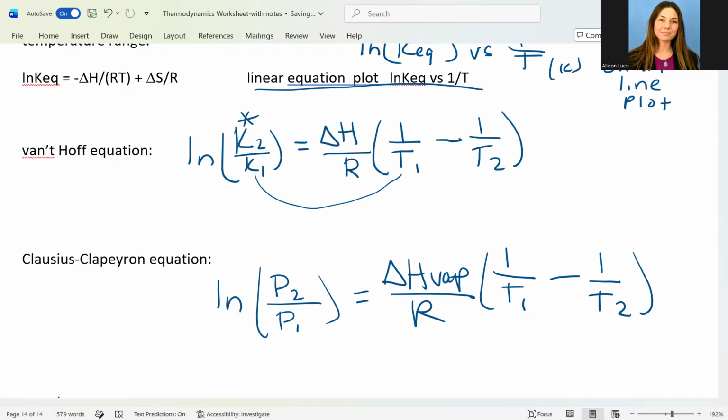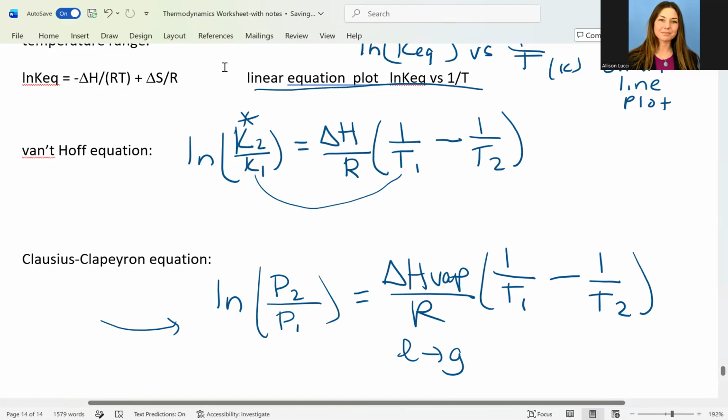So just keep these equations in mind. This is sometimes used in biochemistry. This specific equation would be for a liquid to gas phase change. So we'll continue with the next topic in the next video.